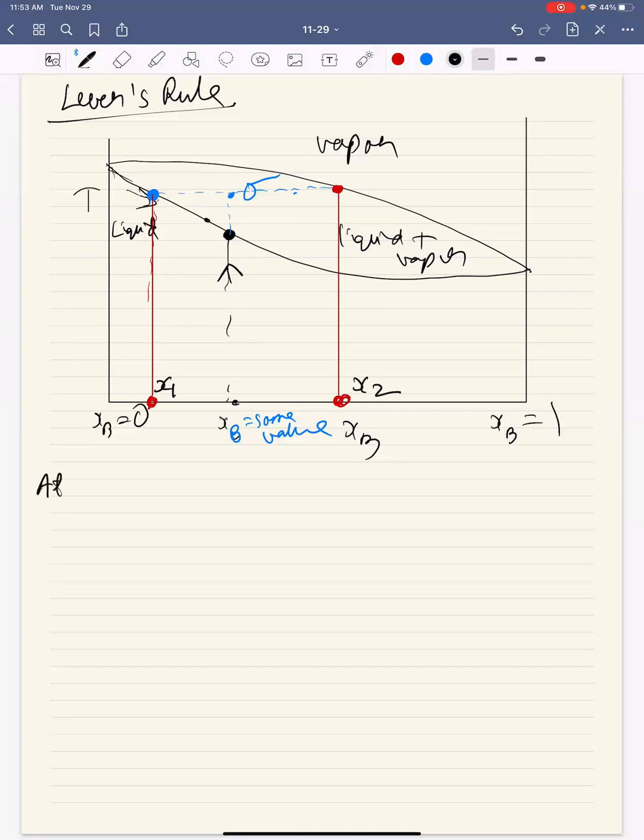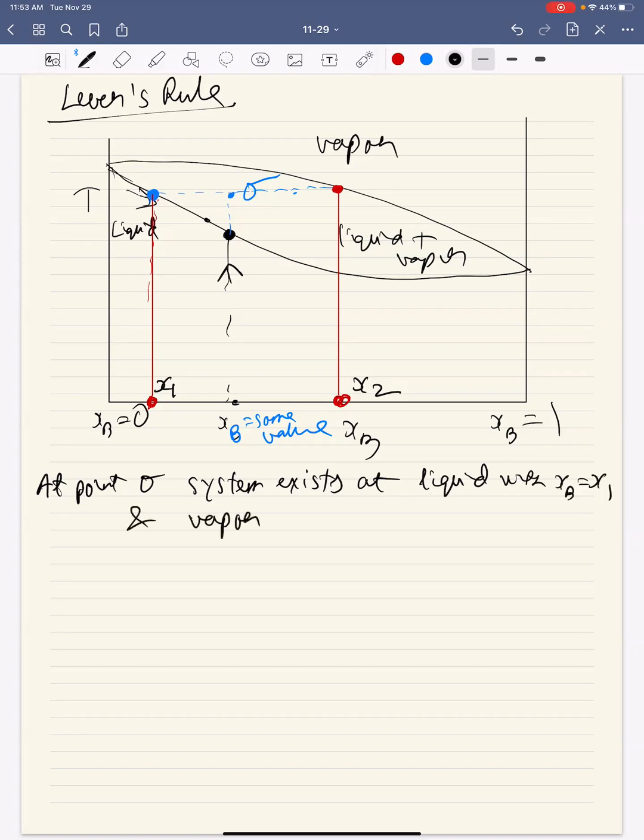So at point O, the system exists as a liquid with XB equal to X1 and vapor with XB equal to X2.